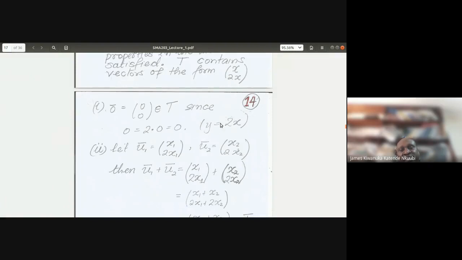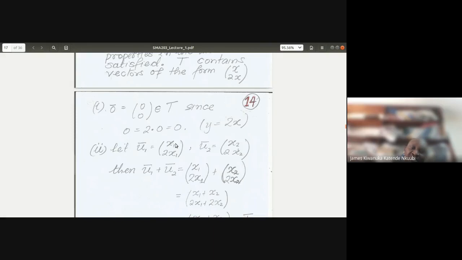So the equation is satisfied, and therefore the zero vector is in the set T. Now let's pick any two vectors in T. Remember, we said that vectors in T will be of the form where the y coordinate is twice the x coordinate.